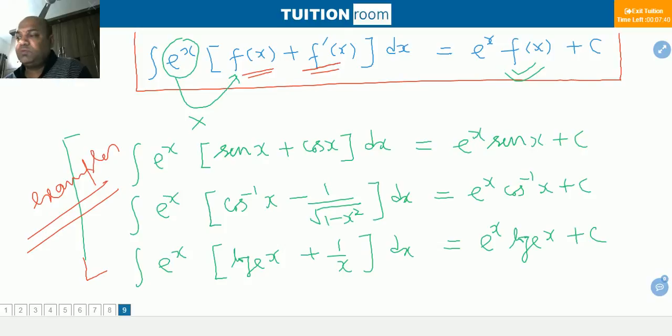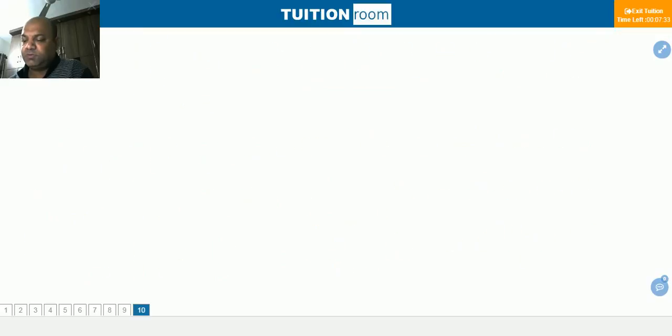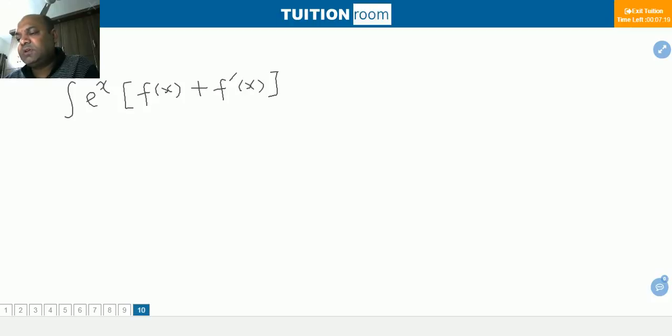I'm going to apply the by parts formula on the first part. This is the second function. Apply first function into integral of second, minus differential of first function into integral of second, and then copy this plus e raised to the power x f dash x dx.